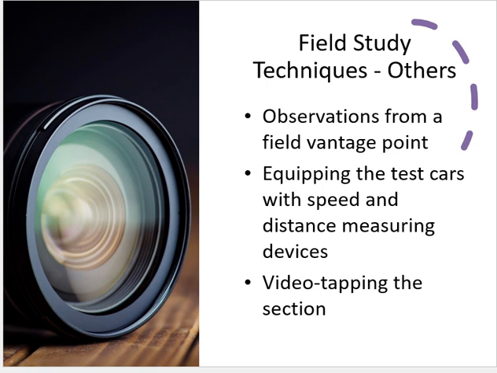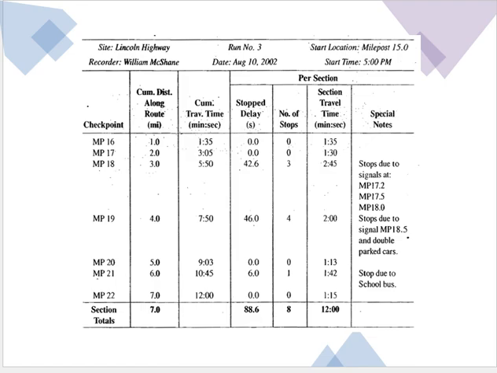And the last one is, instead of manually observing and recording, you can take a video of the segment or the video of the start point and the end point, and later on from the video you record everything. Clear? So these are different variations of the methods we have discussed.